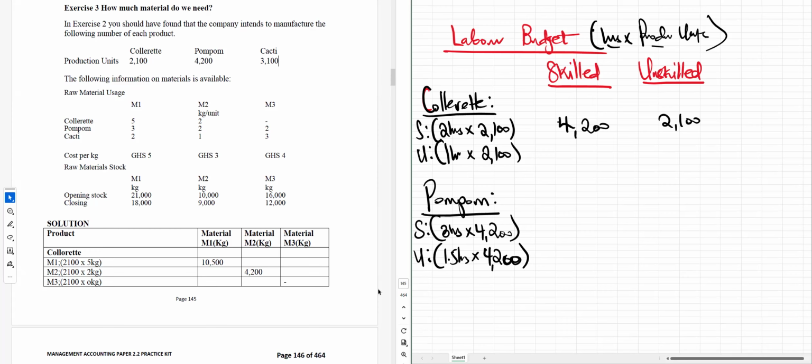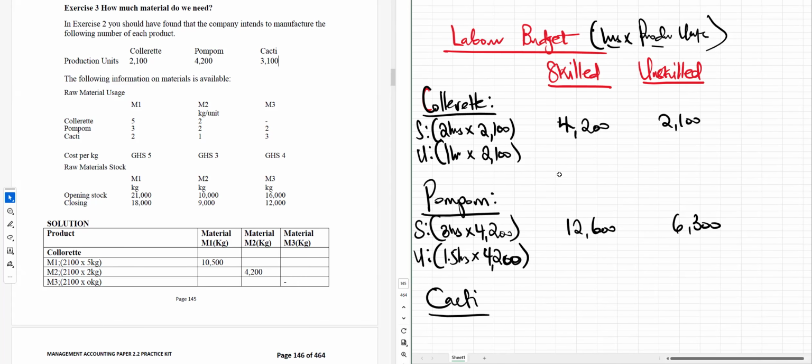So what do we get? Then we have cacti. I hope by now you are all following.